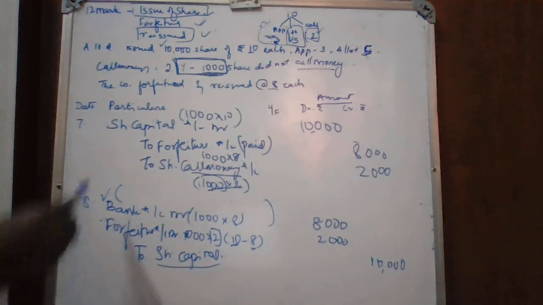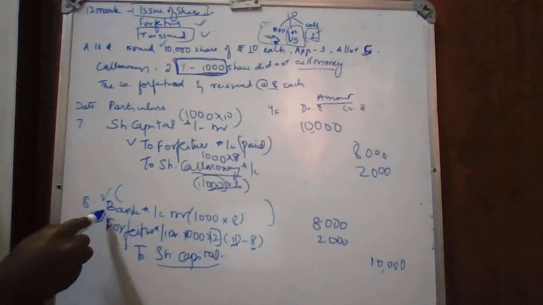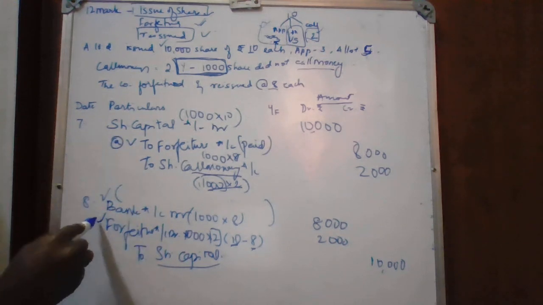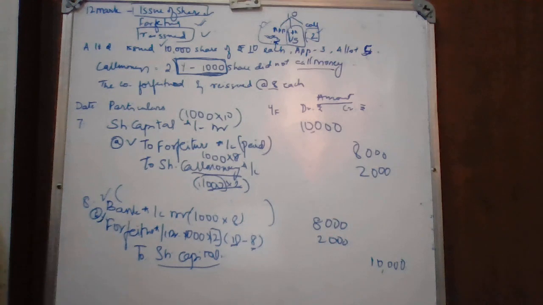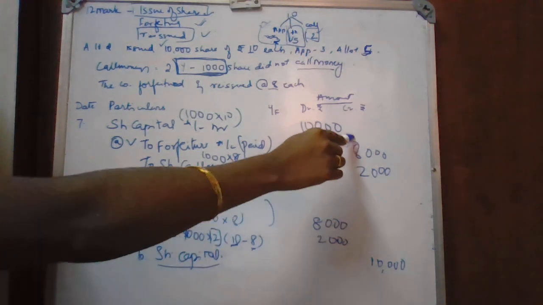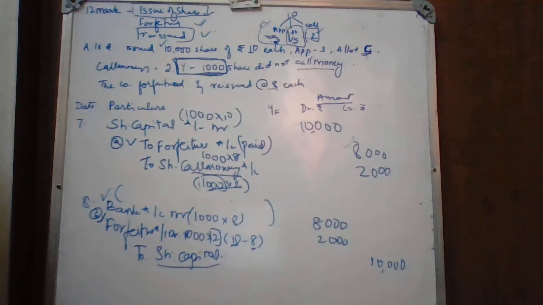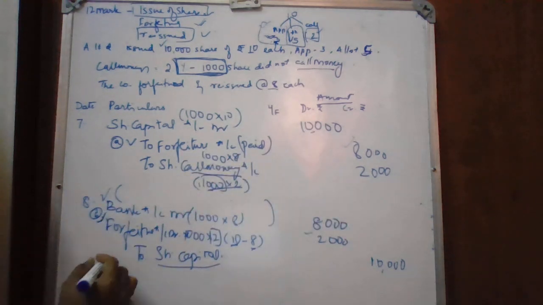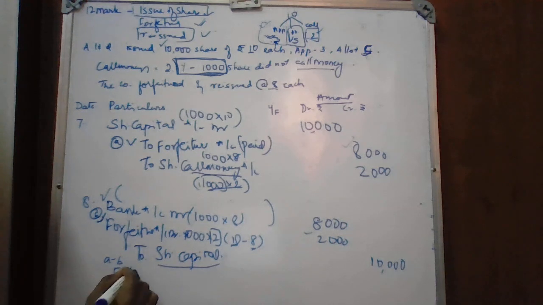Next, there is forfeiture here. This is A and this is B. Any excess shall be transferred to capital reserve. Forfeiture here is 8,000, which you received, and 2,000 which you will not receive, which is issued at a discount. So, the difference between A and B will be transferred to capital reserve account.